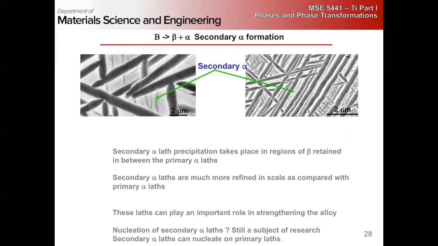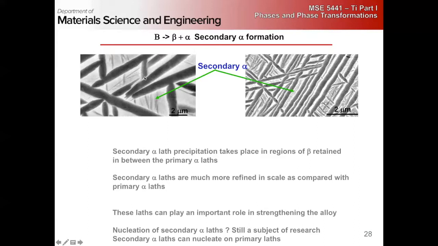They really play a very important role in the strengthening, right? You can imagine, these are very potent obstacles to any slip you would have in the BCC structure.